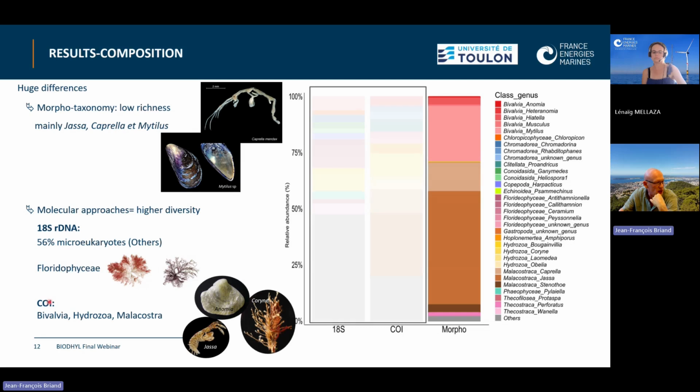And for the COI, we come back to organisms closer to the morphotaxonomic ones, with pluricellular organisms: Bivalvia, Hydrozoa, and Malacostraca.